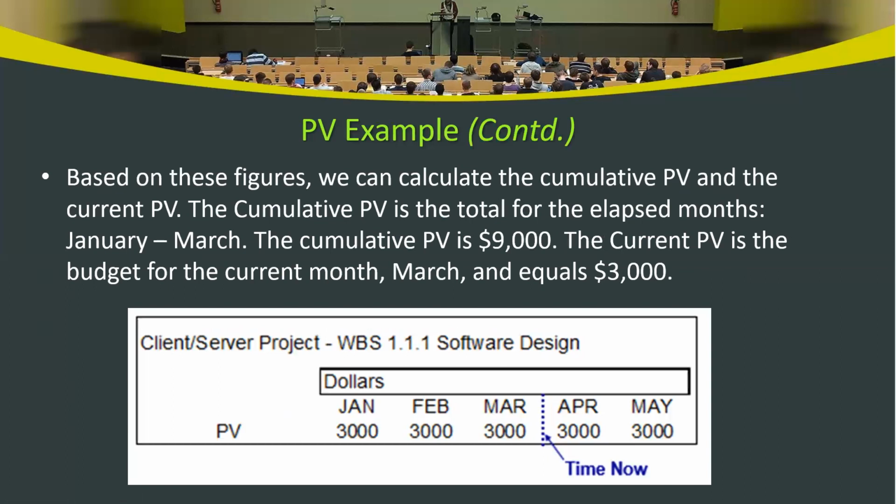So 3,000 is the periodic budget for the month of March, and cumulative means everything added together, January, February, March. So 3,000 plus 3,000 plus 3,000, we have a 9,000 present value. It's cumulative.